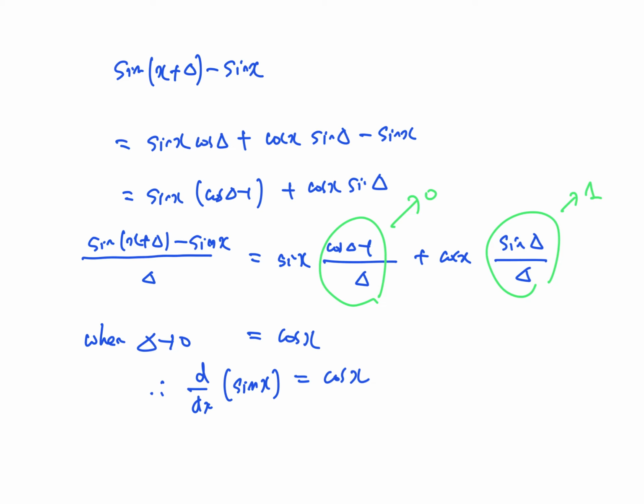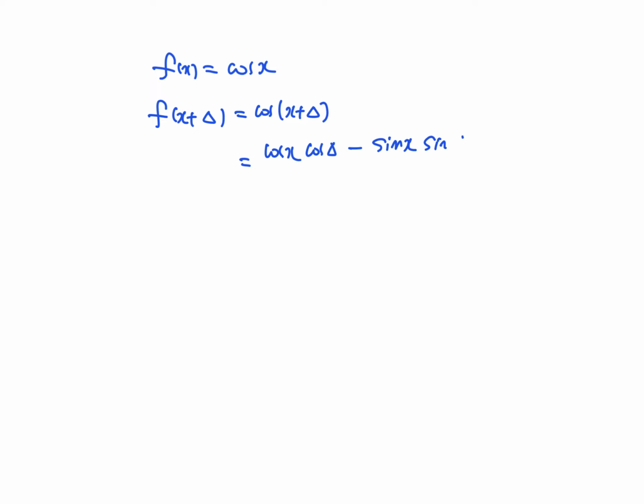How about cosine? Cos x. For cos(x+delta), you can just use the cosine addition theorem: cos x cos delta minus sin x sin delta.